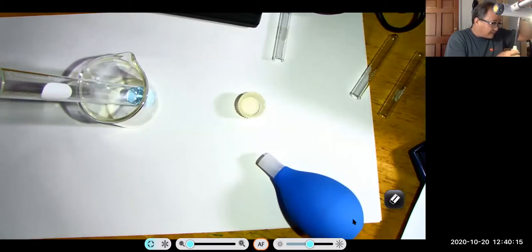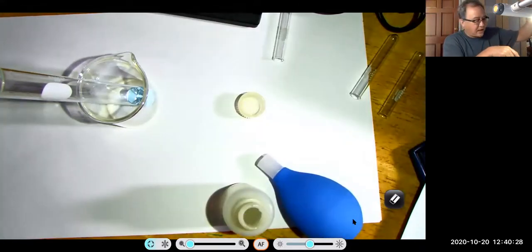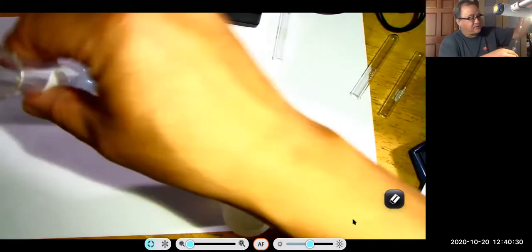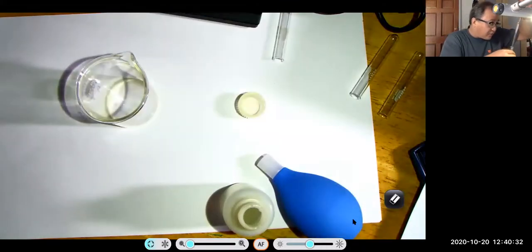It's at 1.4. So if I drop this to 4.4, I will be adding 3 milliliters of solution. So I'm going to drop this to 4.4. And there we go.